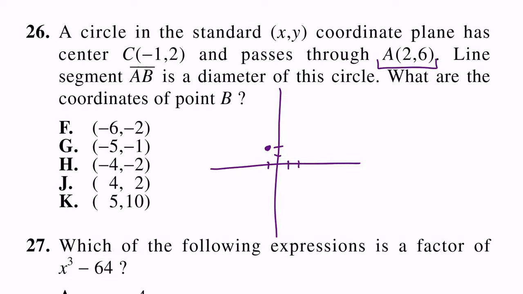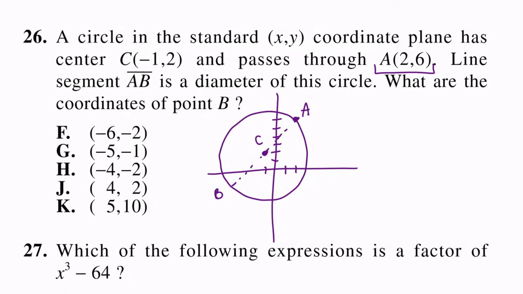So we have 1, 2, and then 1, 2, 3, 4, 5, 6. So we have a point right here. And then we can draw the rest of our circle. And so this is point A, this is our center, and this would be point B over here.